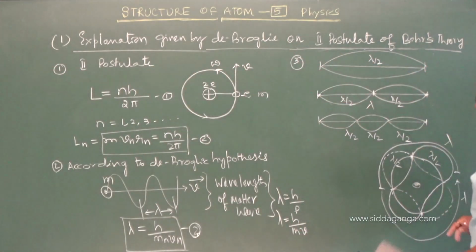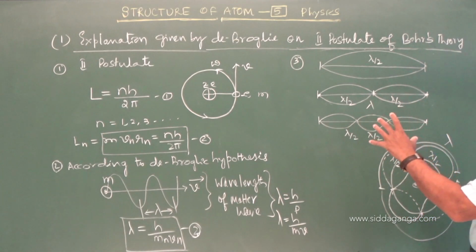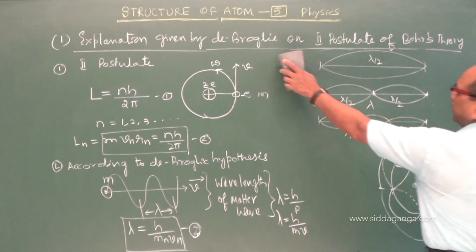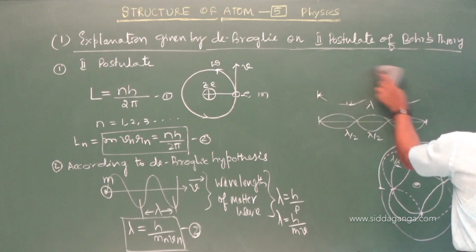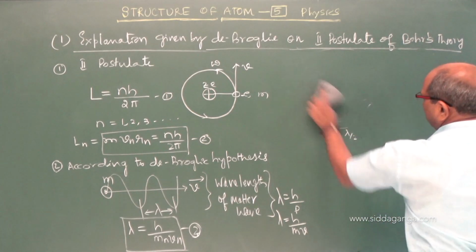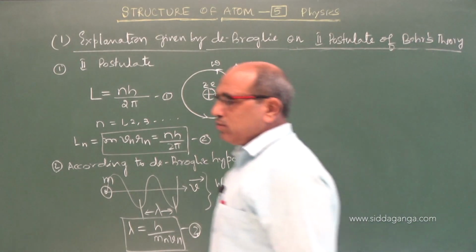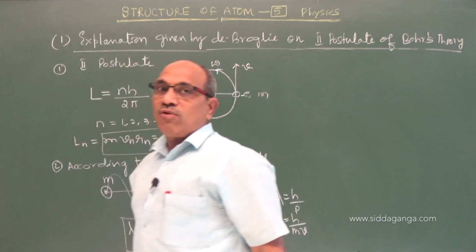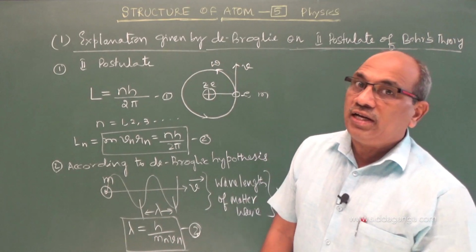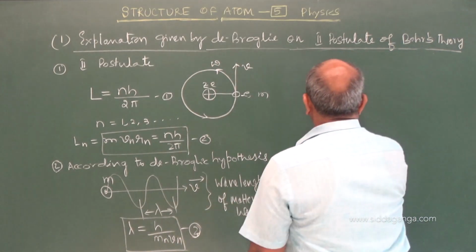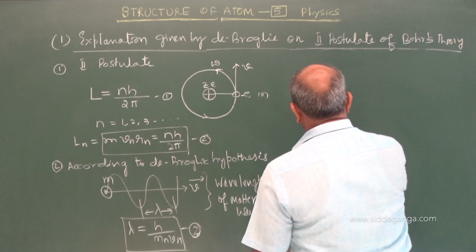You have followed the stationary wave concept. So we brought the electron as a wave. The length of the orbit has to divide into clear multiples of lambda. Then only the electron can be quantized in that orbit, and it becomes a non-radiating orbit. So for example, let us take like here.